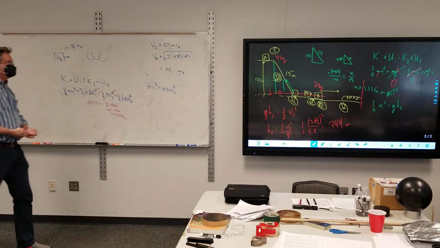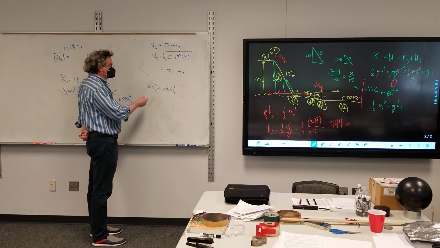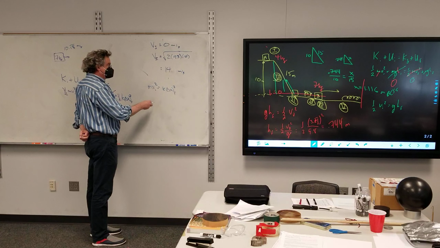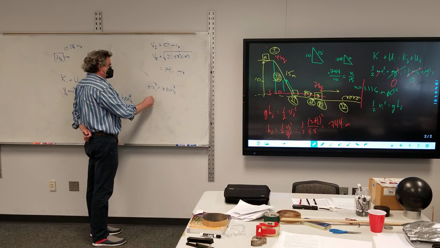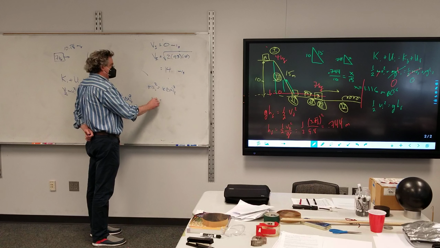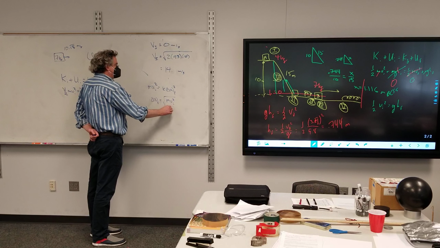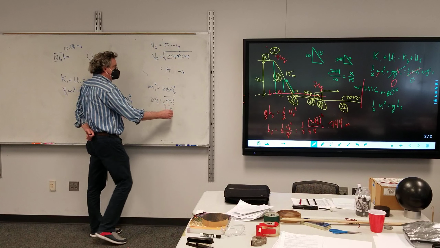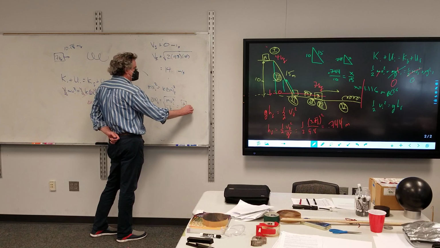Solve for final displacement. Now we could get rid of the square if we wanted to, because I don't have any additional terms there. But we just solve for delta x final, that is the square root of m v initial squared over k, which is the square root of m over k times the initial speed.